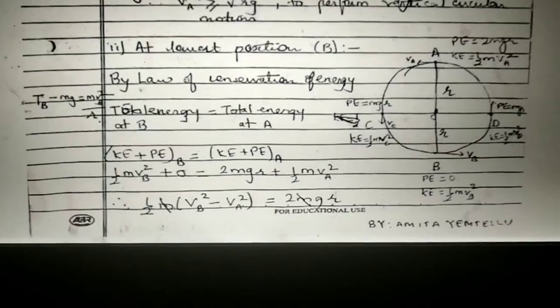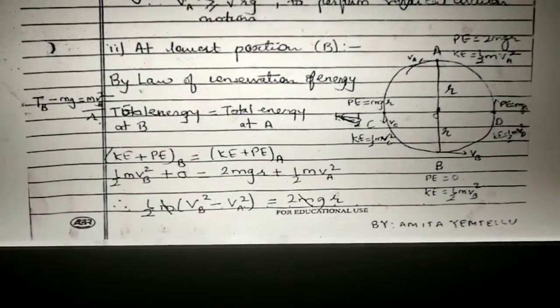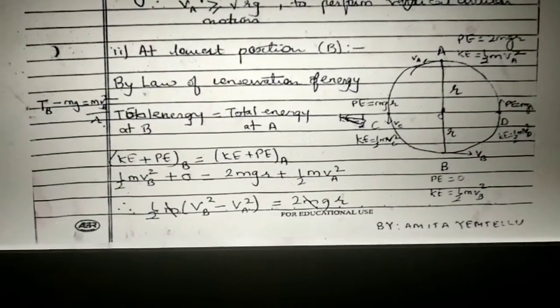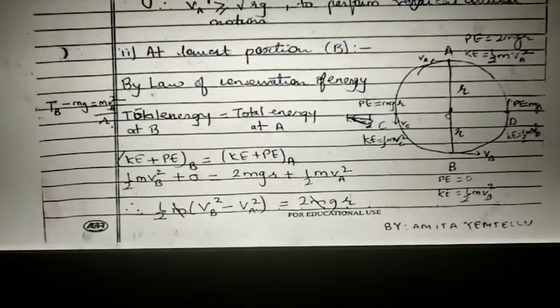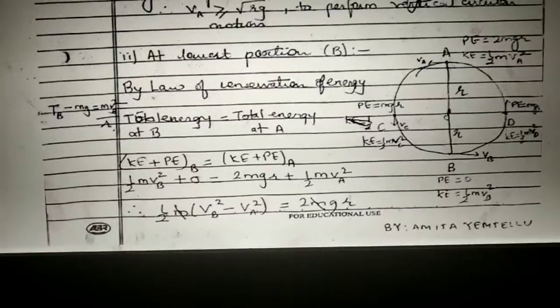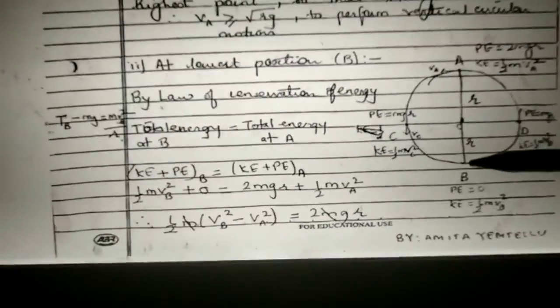Now to find the velocity at the lowest position B, you will use the law of conservation of energy. What is that law? Total energy at B will be the same as total energy at A, meaning energy at any 2 points in this vertical circular motion will be the same or constant.